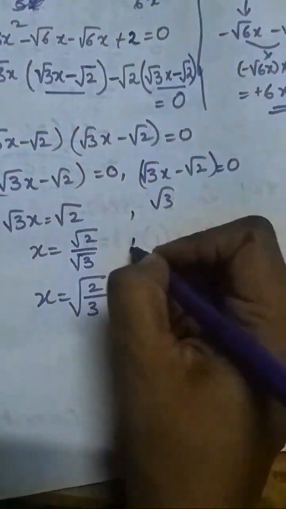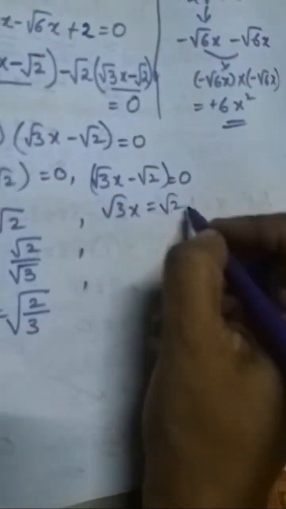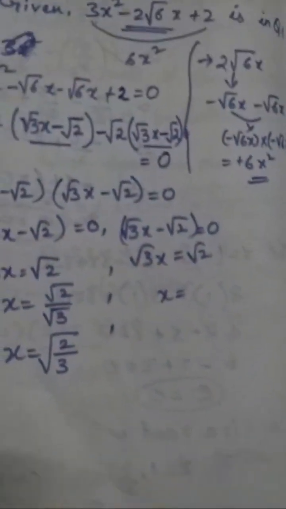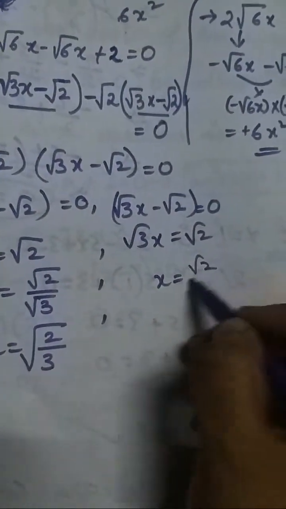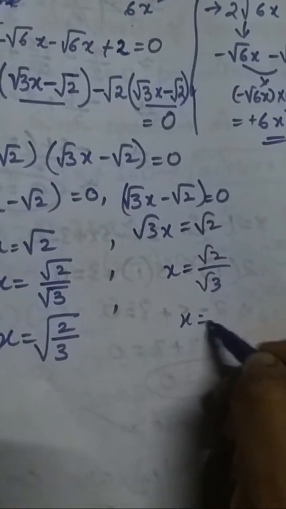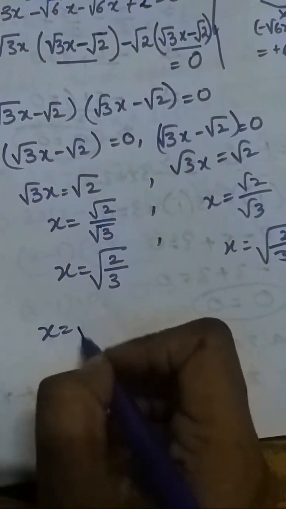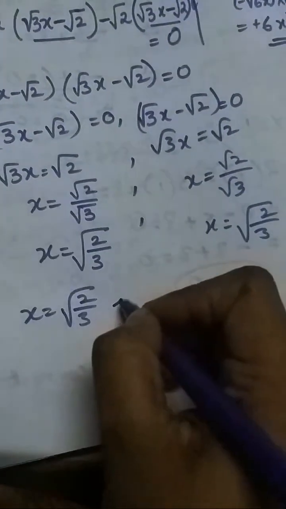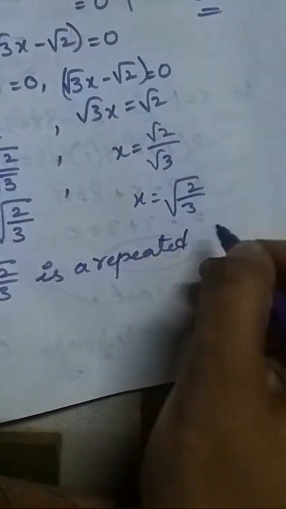Root 3x is equal to root 2, x equal to root 2 by root 3. Now the same roots are obtained. So x equal to root 2 by root 3 is a repeated root. Okay, repeated root.